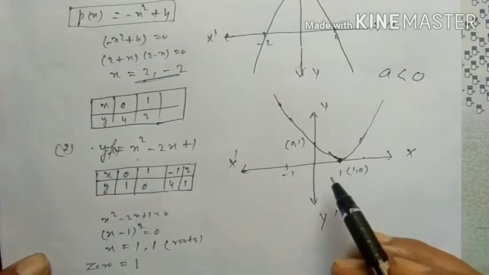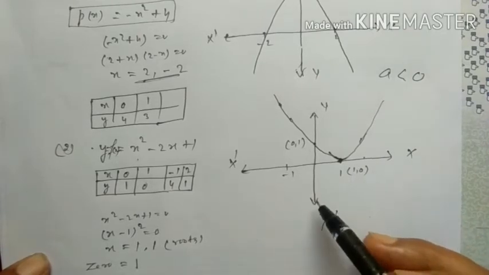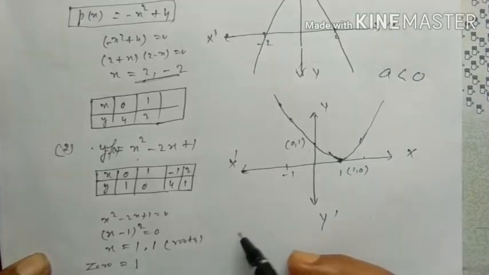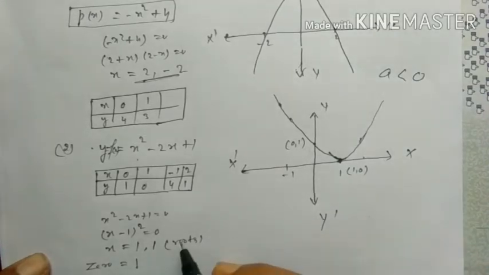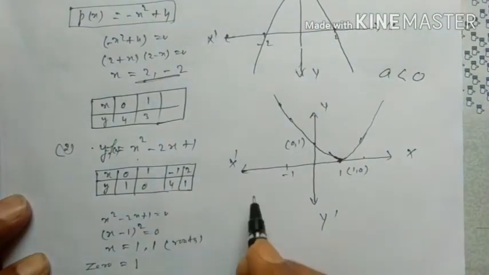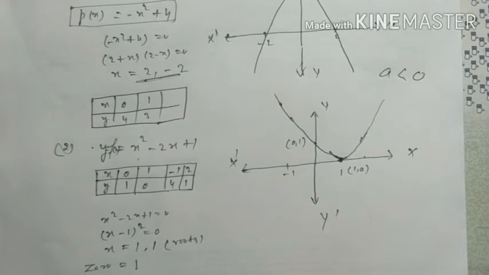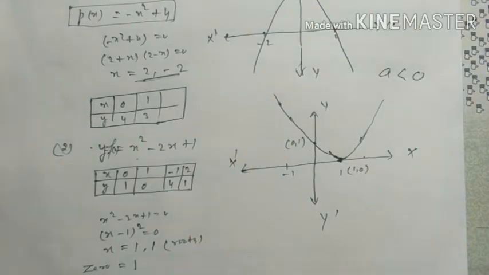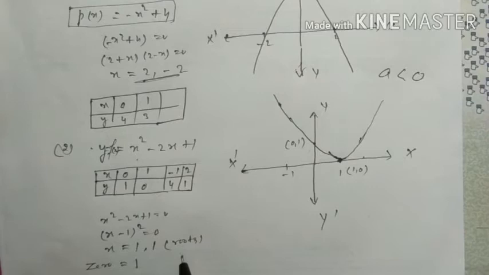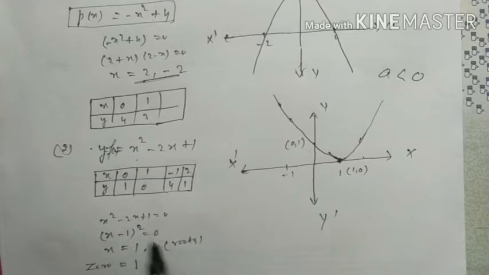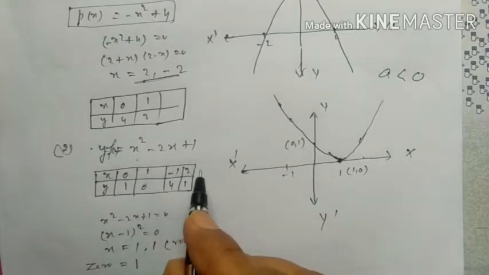So here we can say that the maximum number of zeros for a quadratic polynomial is up to 2, and one more case, there can be no zeros for a quadratic polynomial.